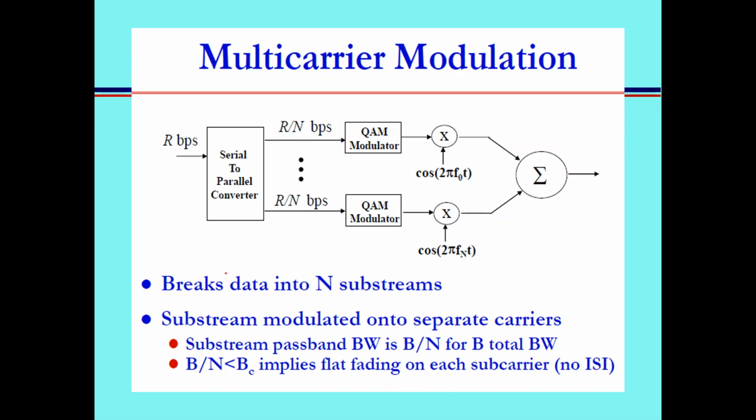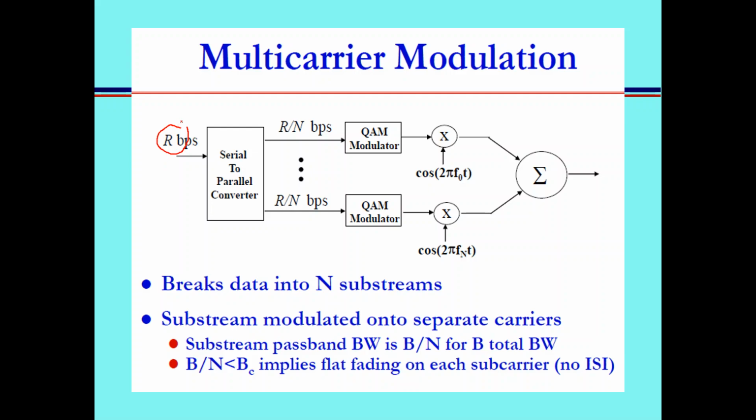So how does multi-carrier modulation simplify equalization and make it possible to receive your data in a much easier way? You take your data rate and convert it from serial to parallel. Let's agree on this. This R represents the data rate.